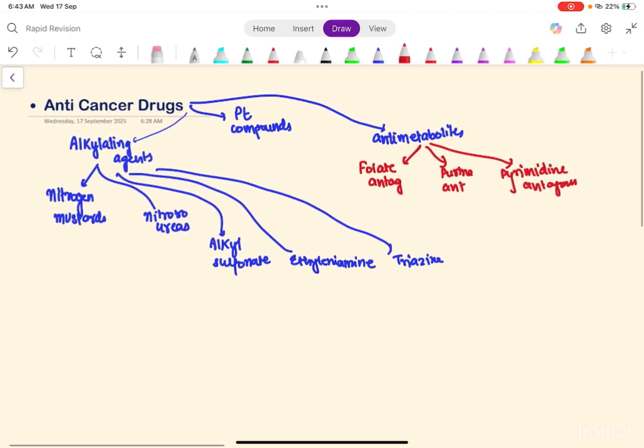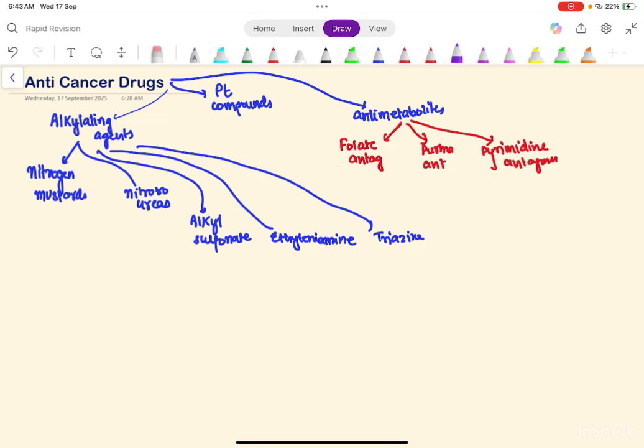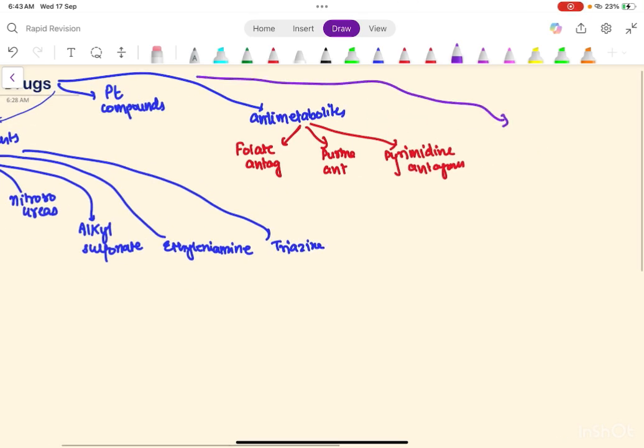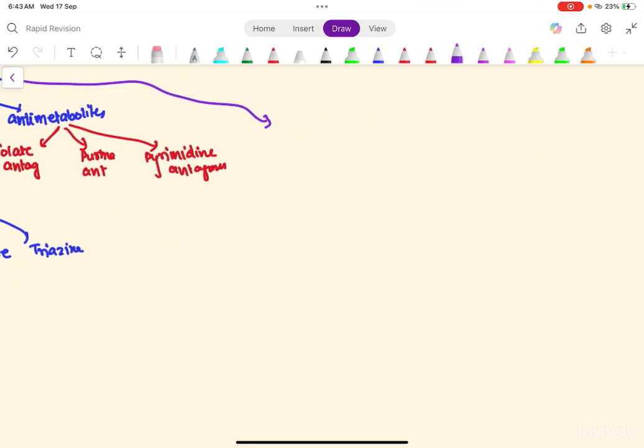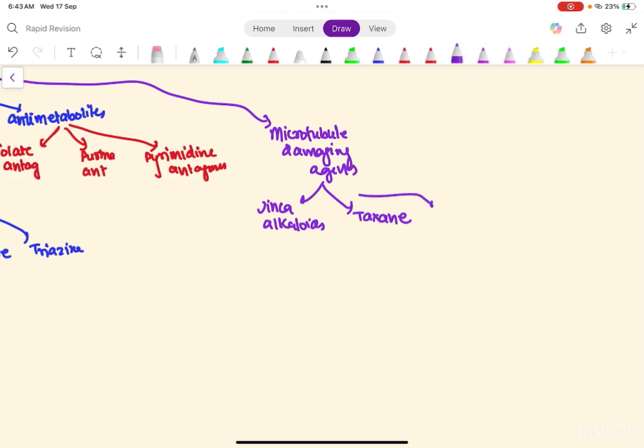Alright, then we have certain more. So we have microtubule damaging agents. In this you have two. One is vinca alkaloids and the other is taxane, and you have one more which is estramustine.